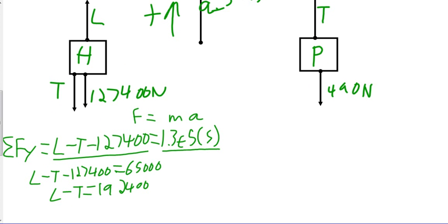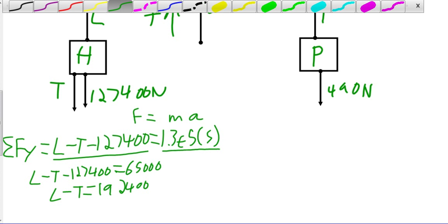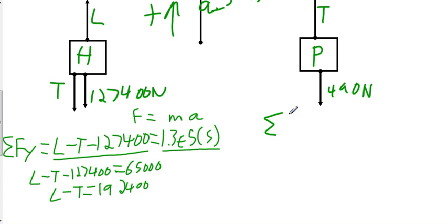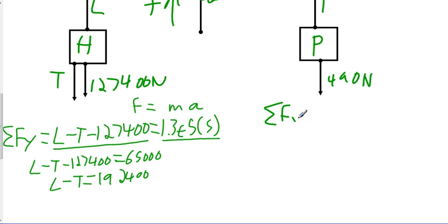So now we draw a summation equation for the person. The sum of all forces in the y is equal to the tension, which is again going up, so up is still positive, tension minus 490, and the person is also accelerating upward, so that's going to be equal to 50 times 5.